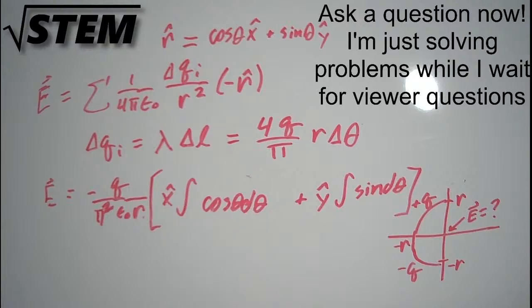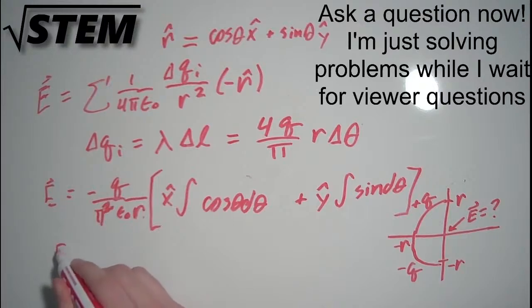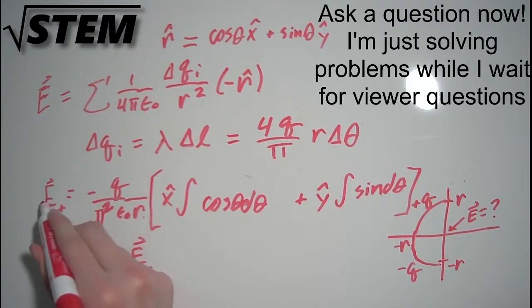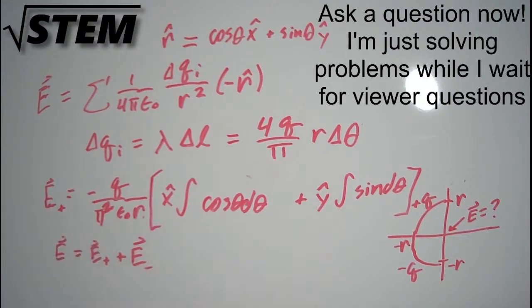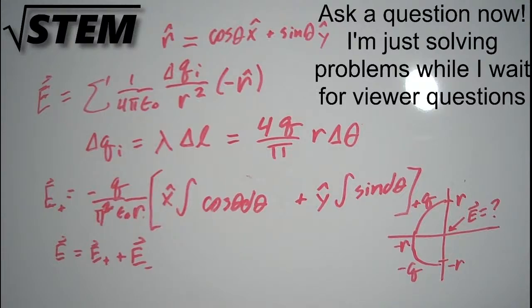I think here's what we're going to do. We're going to say that electric field is E plus added to E minus. We'll do E plus first. That way we don't have to try to split up these integrals in line to account for the positive and negatives.